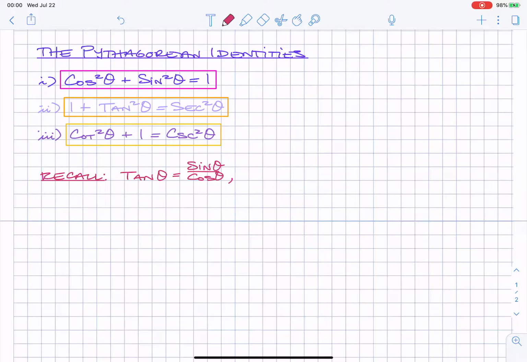Then we had cosecant of theta, s's and c's go together, is 1 over sine of theta. And secant of theta, s's and c's go together, is 1 over cosine of theta. Remember those? And of course cotangent of theta is 1 over tangent of theta.